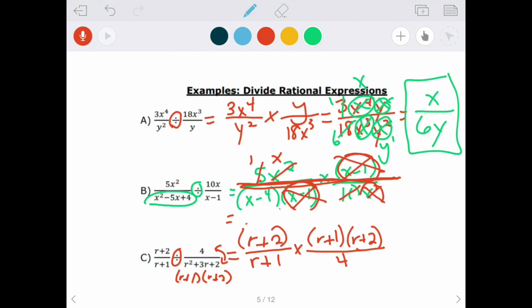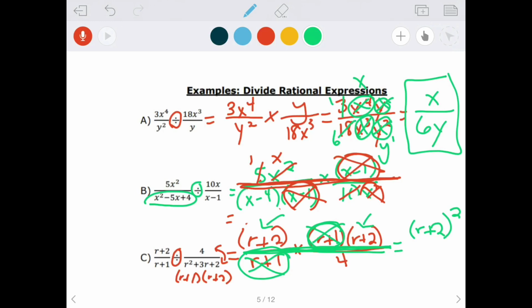So when I'm trying to cancel things out, I'm just going to make this line across. I can cancel out my r plus 1 in the numerator and my r plus 1 in the denominator. So then what I have left remaining is r plus 2 squared, since I have 2 of those.